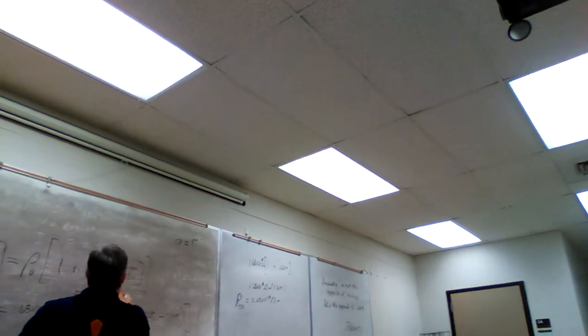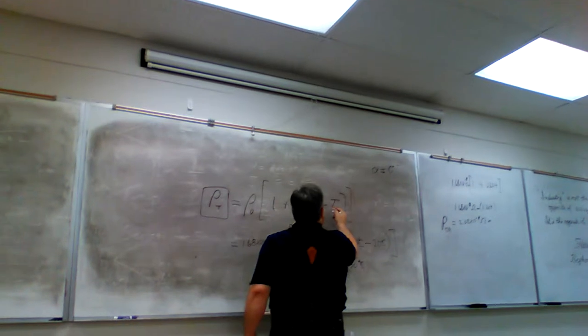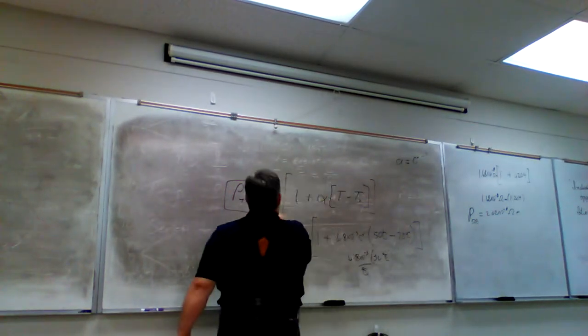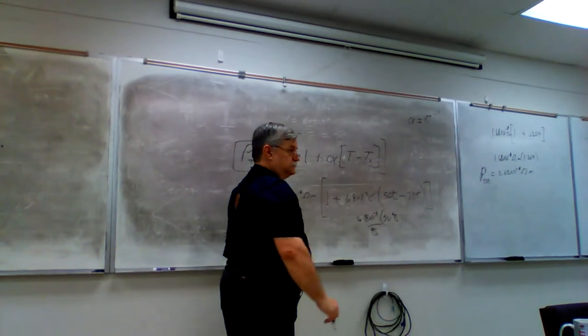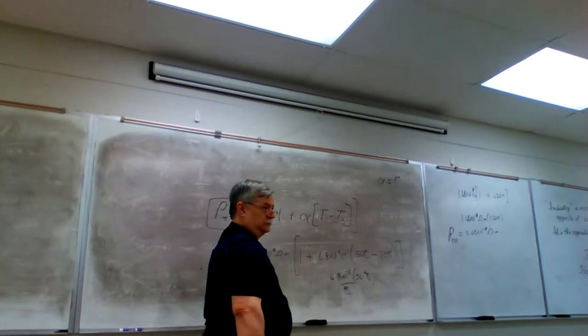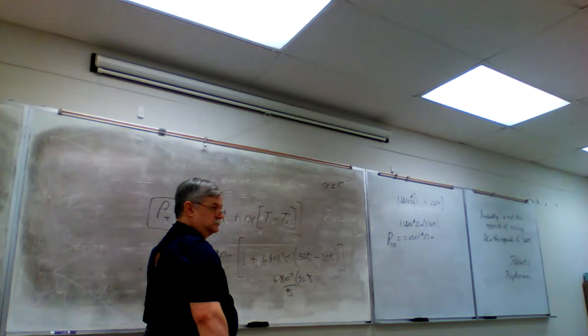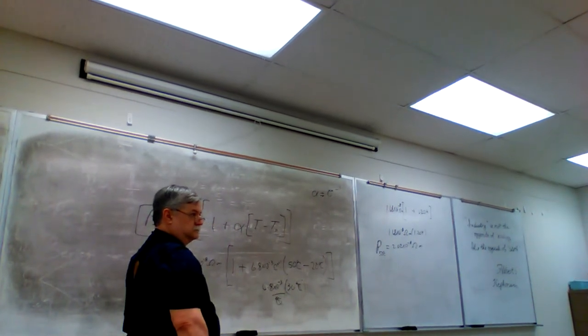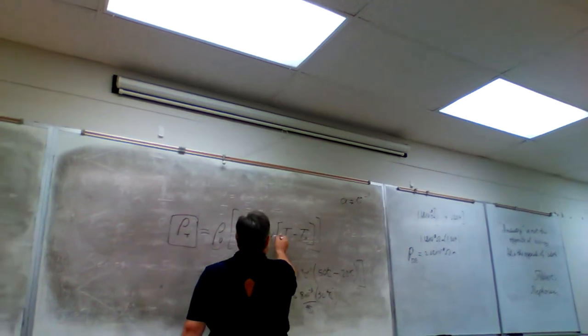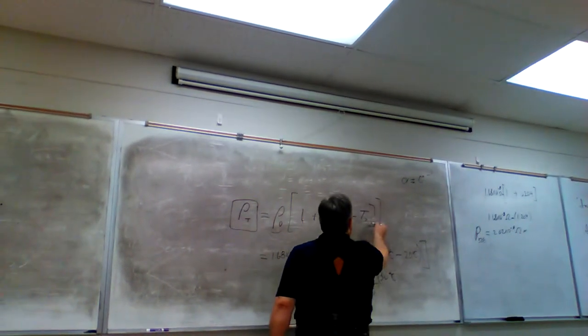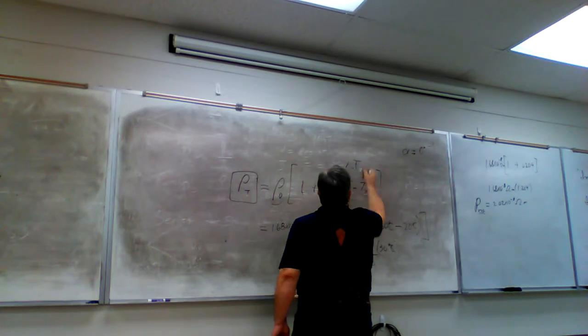This is the temperature you're going to operate at. This is the temperature that rho sub naught is specified at. Well, you're either going to add or subtract depending on whether this difference, this is your delta T.